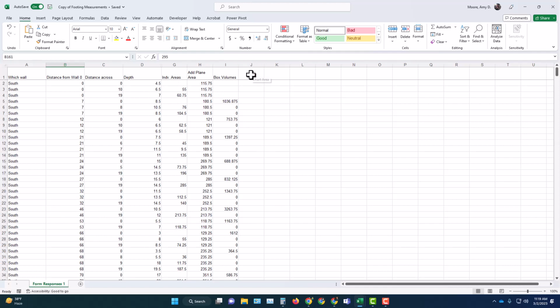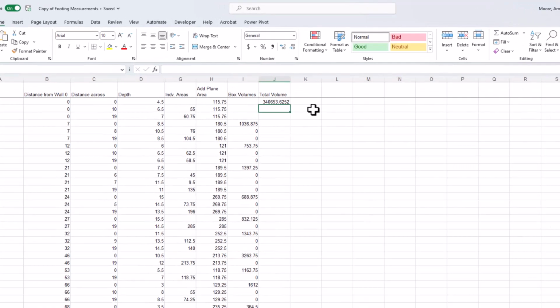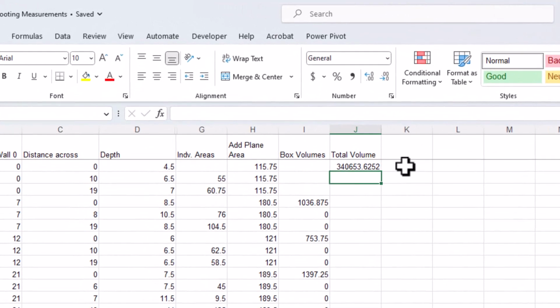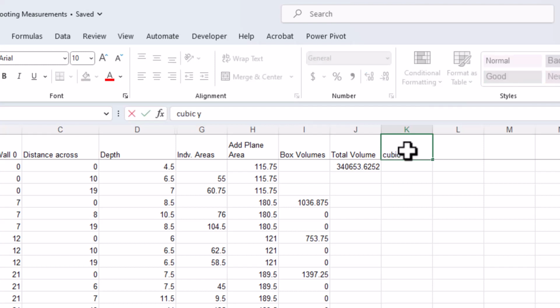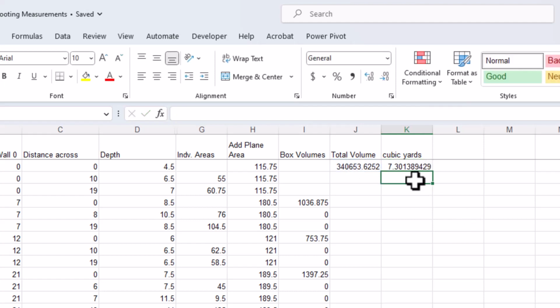To get the total volume here, I'm going to add up the sum of column I. And we have 340,653 cubic inches of volume. We can change that to cubic yards by taking this value and dividing by 36 3 times. 7.3013 cubic yards.